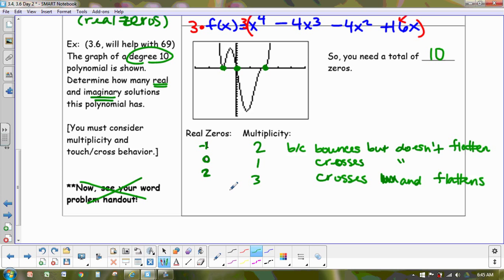Well, so then all of this means if I added these up, with multiplicity, I have currently 6 zeros.